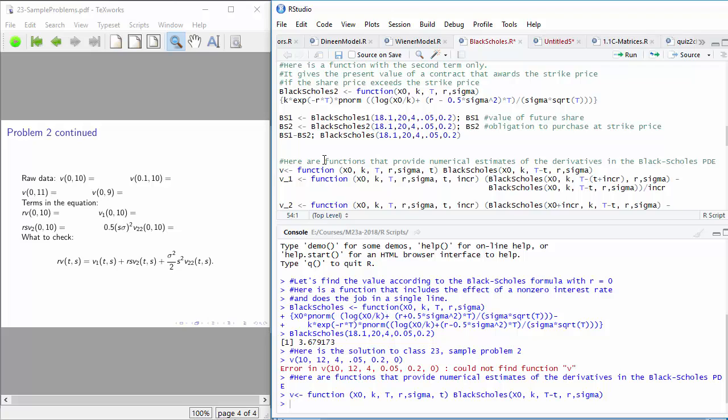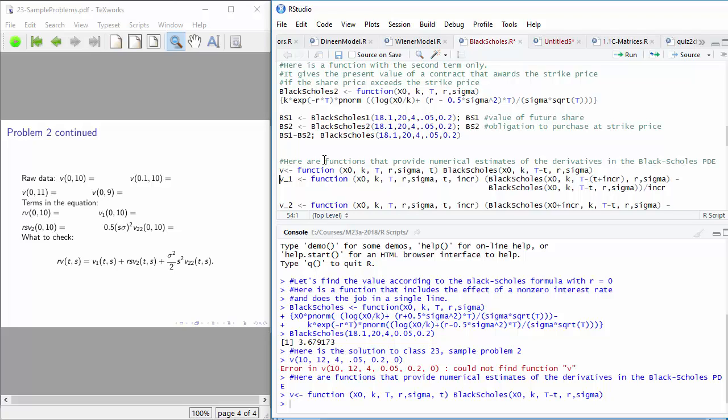The function that I'm calling v is just the Black-Scholes function evaluated when the time is capital T minus the last argument, little t. So this will let us evaluate the option value as a function of time. V subscript 1 is an estimate of the partial derivative with respect to the first argument, and there's a final argument to this one that lets me decide what increment I want to use.